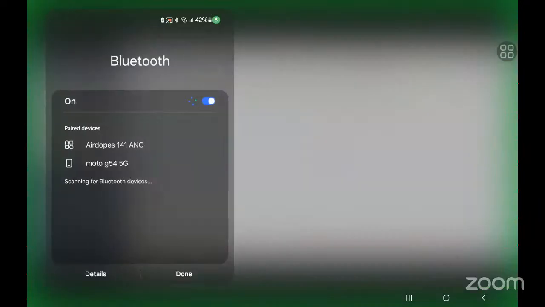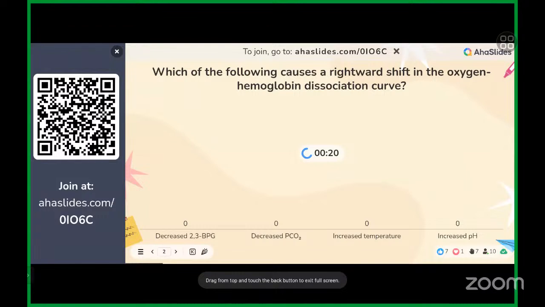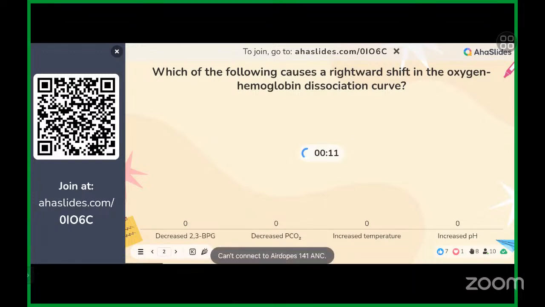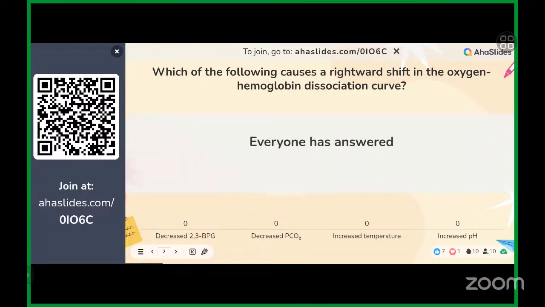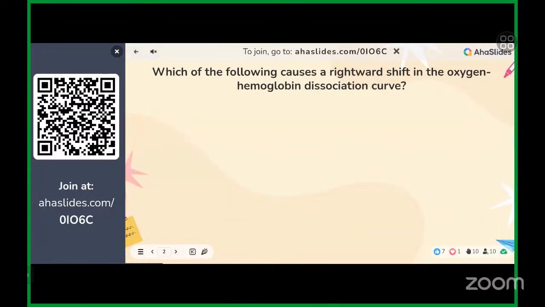Just a minute. So the right answer is increased temperature.